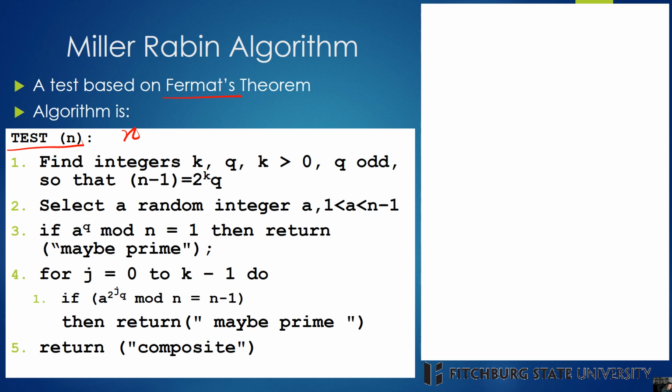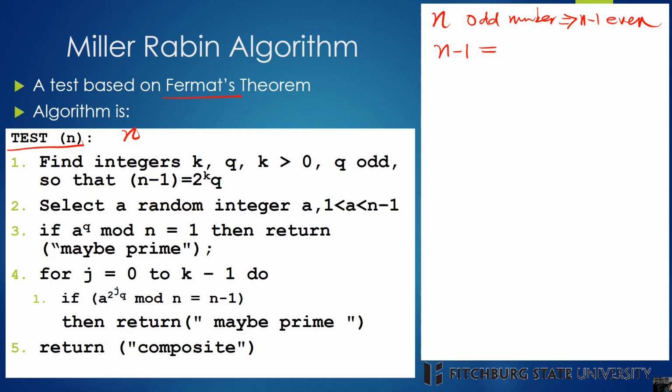The first thing we need to do: since n is an odd number, n minus 1 is an even number, right? So if it's an even number, then we can find the factor 2.